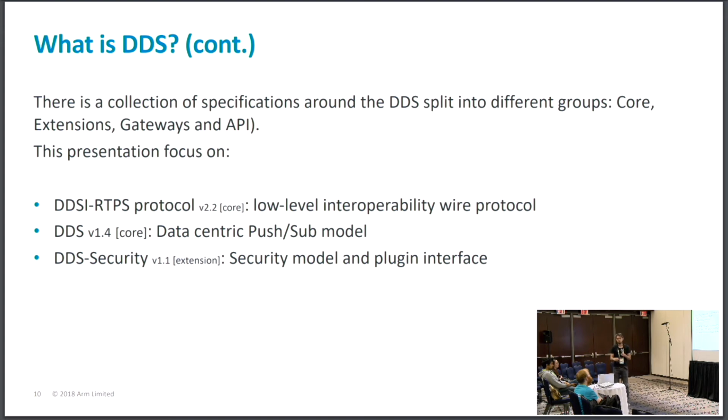The DDS itself, which is the high-level specification, takes care of the whole model and explains all the objects and how the interactions happen. And finally, there is the DDS Security, which was a specification that actually came after the DDS already existed. And that's why it explains all the detailed aspects of security and how the other specification needs to change its behavior to add the security layer to it.